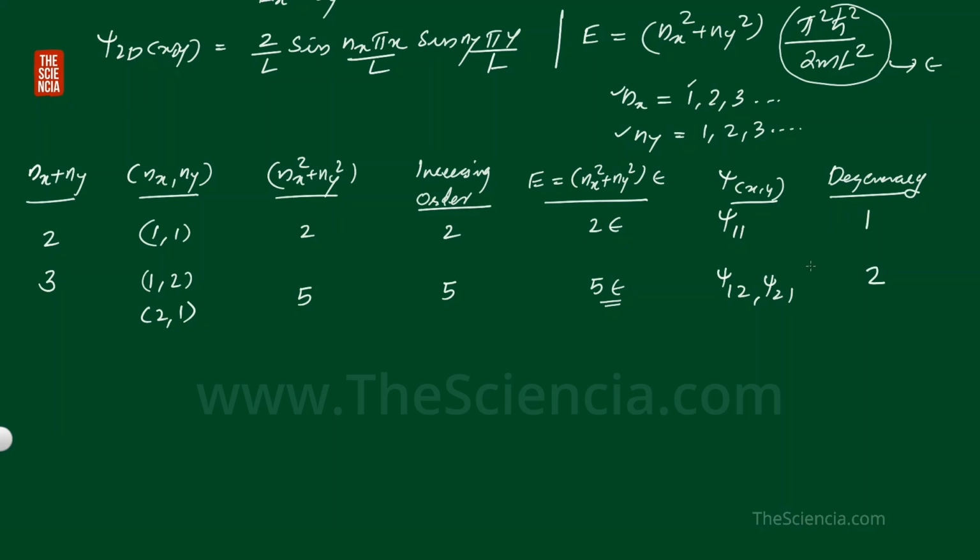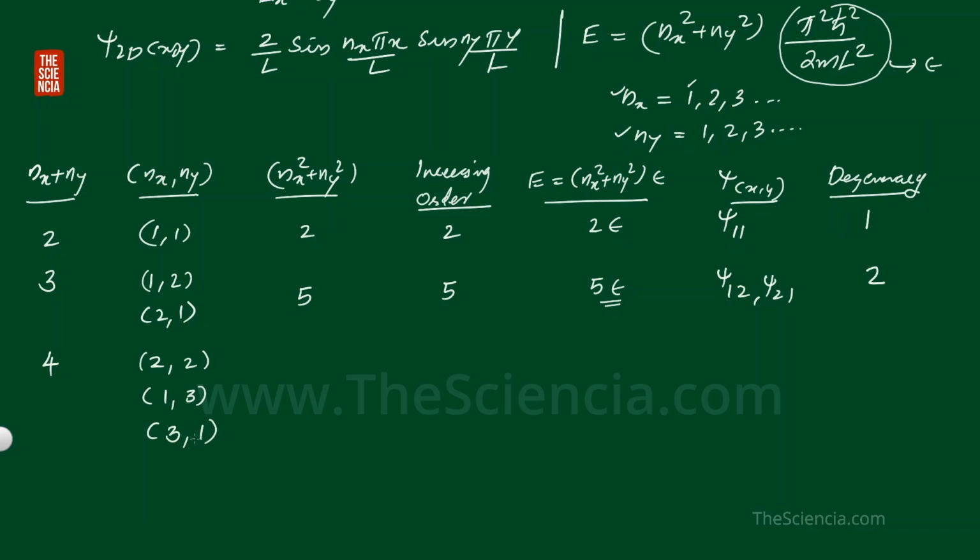Okay, now we can take the other combination, that is 4. So how can we make 4? We can take nx is 2, ny is 2. Another combination is nx equal to 1, ny equal to 3, or nx equal to 3 and ny equal to 1.